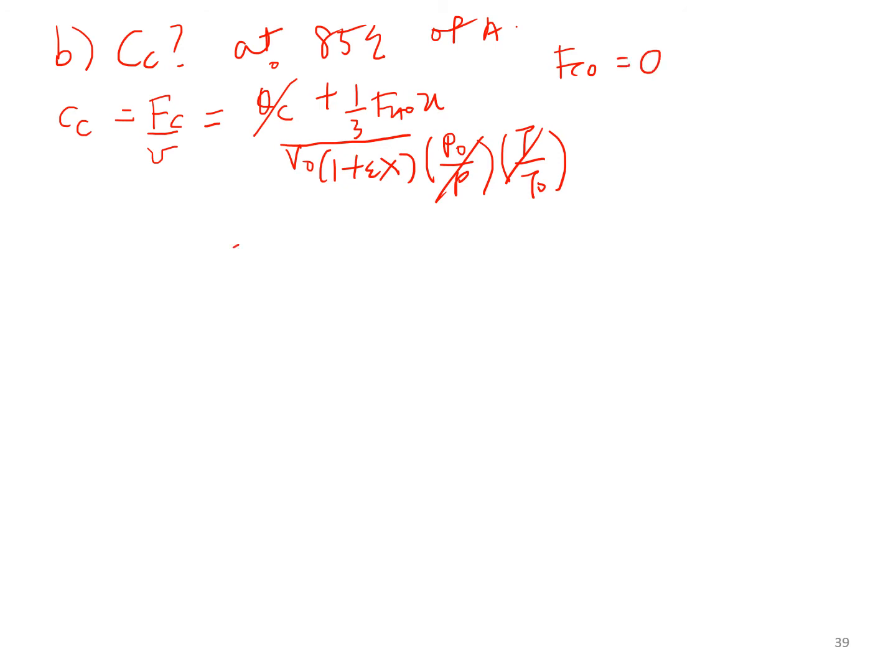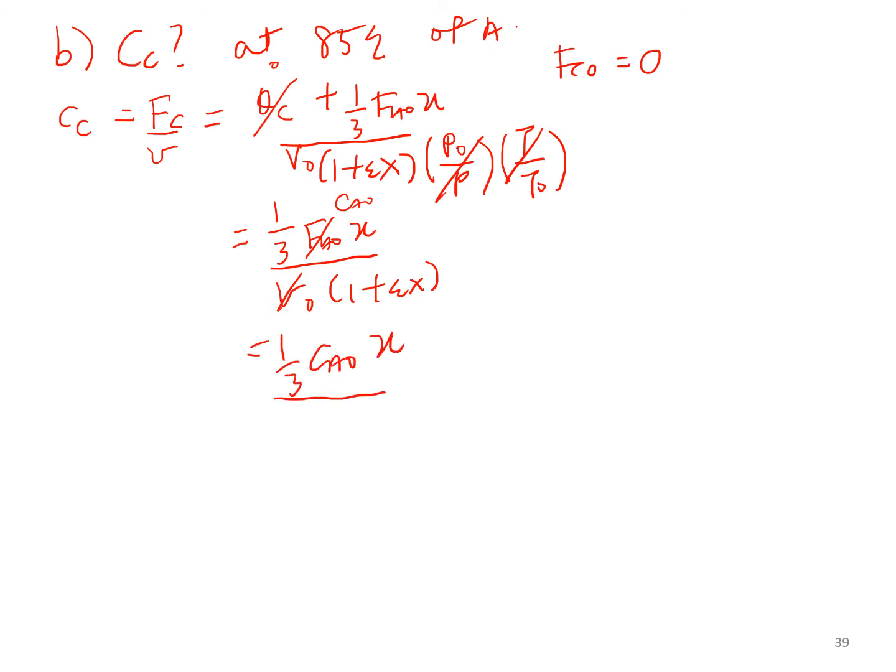So what is left is 1 over 3 FA0 X over V0 times 1 plus epsilon X. From here you don't have the information of FA0 and V0, so we can replace it with CA0: 1 over 3 CA0 X over 1 plus epsilon X.